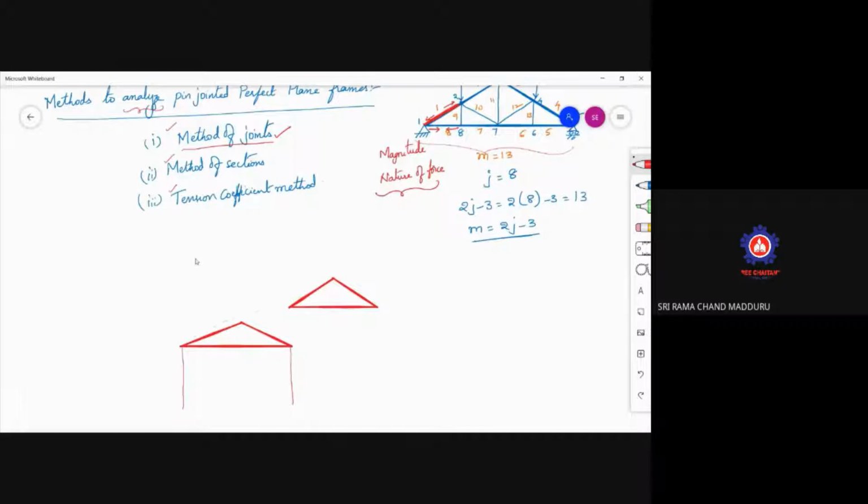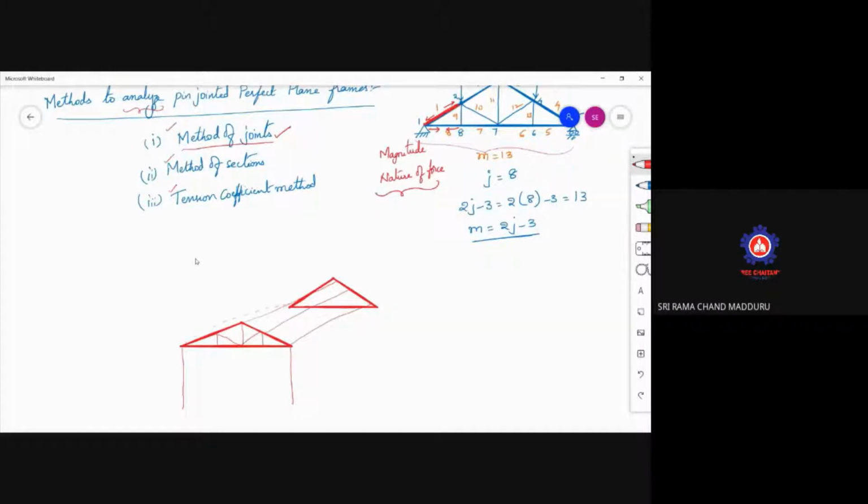Here the members are connected together like this. So this is nothing but our truss, which will internally have certain members like this.